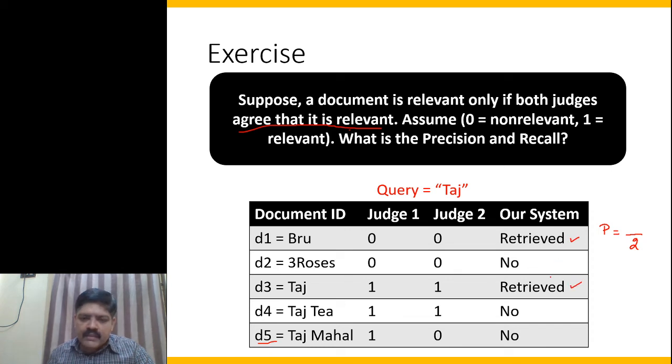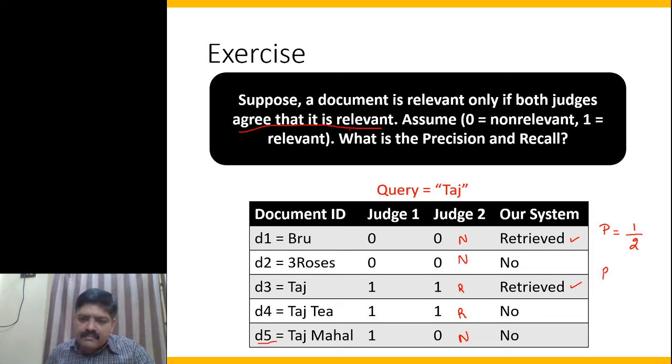And out of these, only 1 is relevant. Right? So let's derive the relevance here. We know that this is relevant, and everything else is non-relevant. We want 2 ones to qualify this document as relevant. So that's why precision becomes 1 over 2, or half.